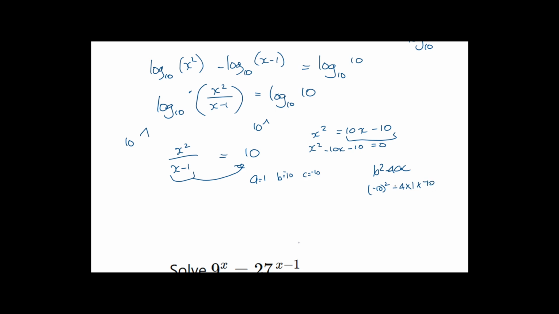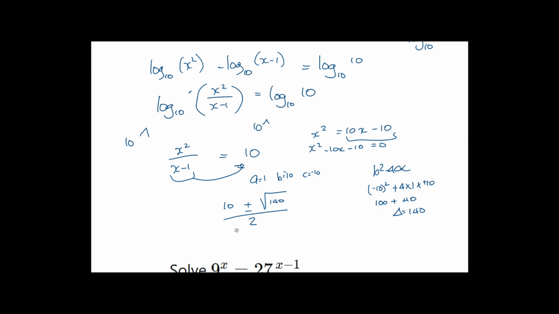Okay, so that's going to become a positive. So 100 plus 40 is going to be our discriminant. So it's going to be minus b, so 10 plus or minus the square root of 140 over 2 times 1, which is 2. It's going to give us our answers.